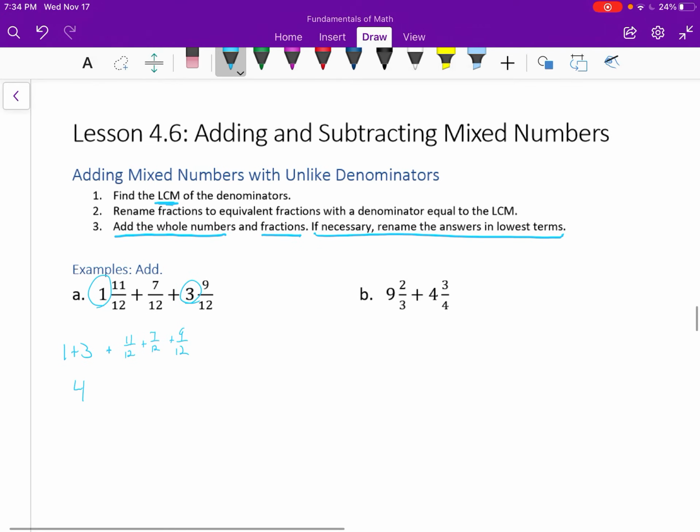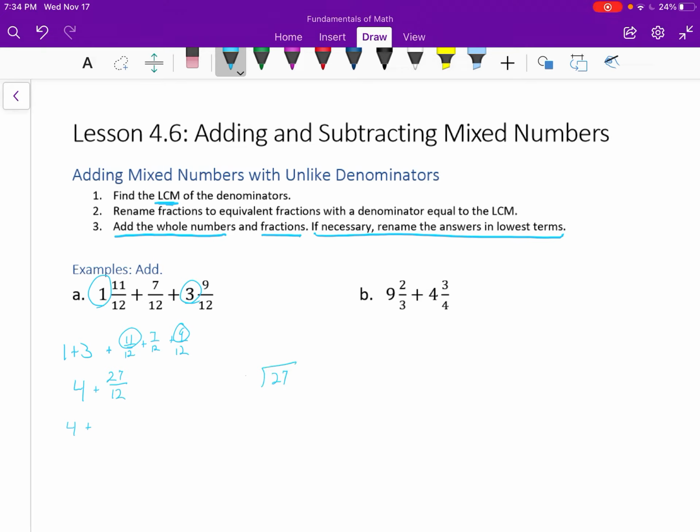But 1 plus 3 is 4. And then 11 twelfths plus 7 twelfths plus 9 twelfths. What I would do is add 11 and 9 first to give me 20, plus another 7 is 27 twelfths. And now I have to change that 27 twelfths into a mixed number.